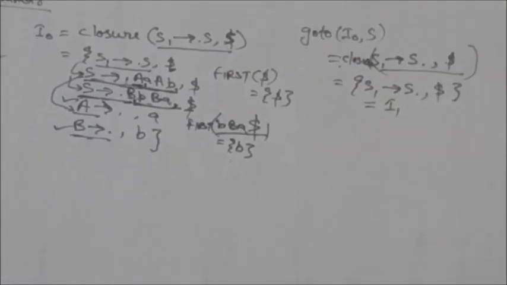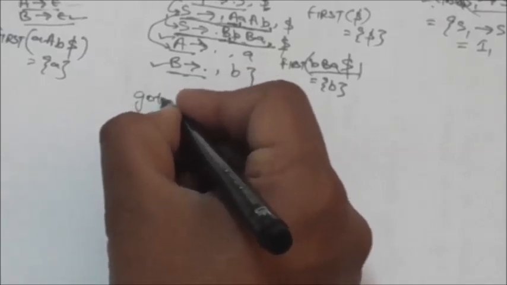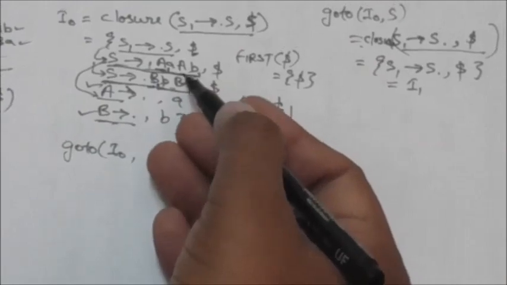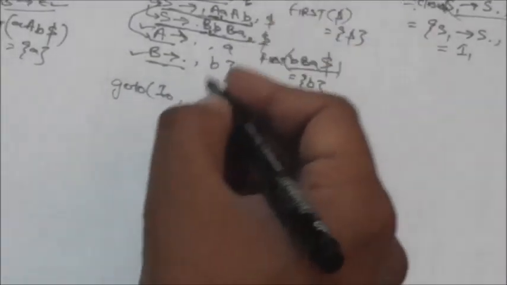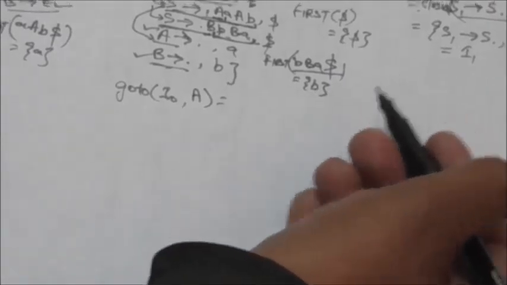Now we will find the transition of state I0 for non-terminal symbol A. So for that I'll evaluate goto(I0, A).